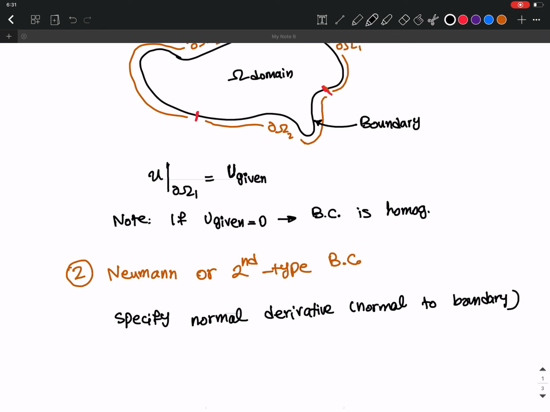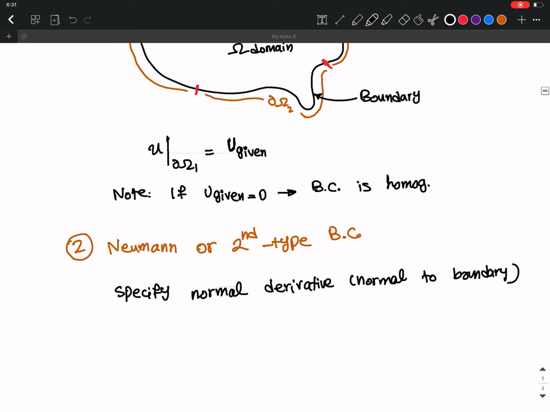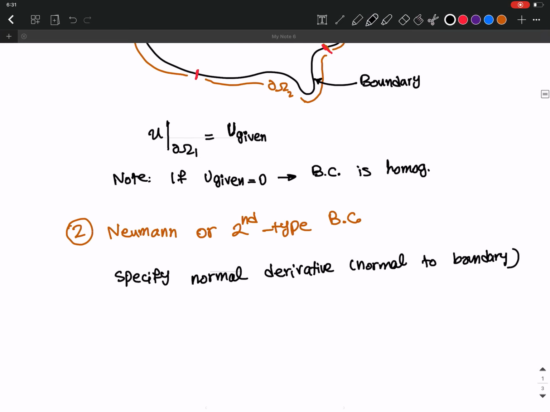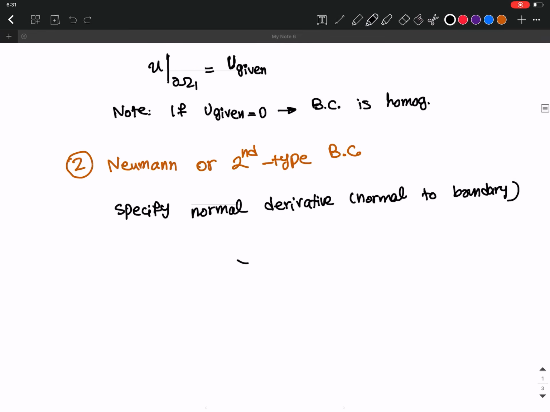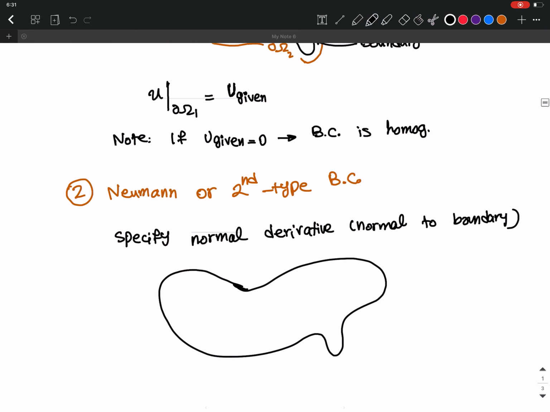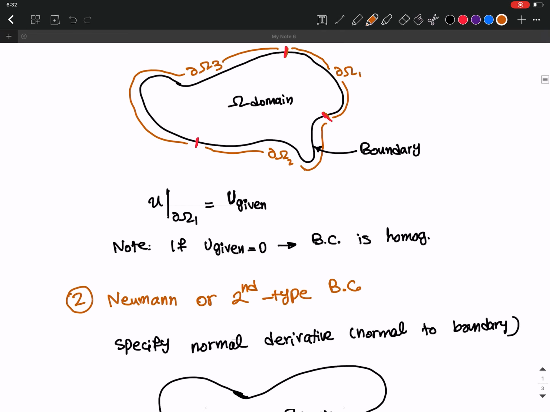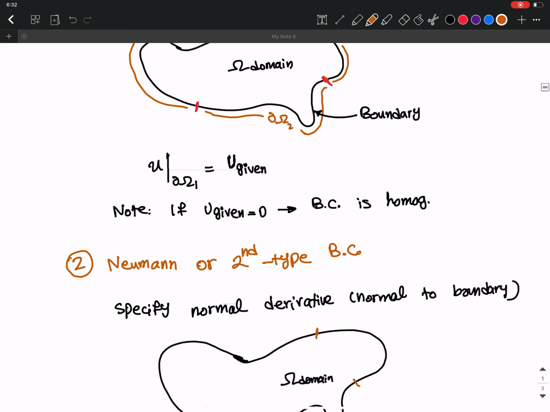So for example, if you have the same thing here, let me just redraw it. Something similar, and then this is the domain, and say we have divided it again similarly.